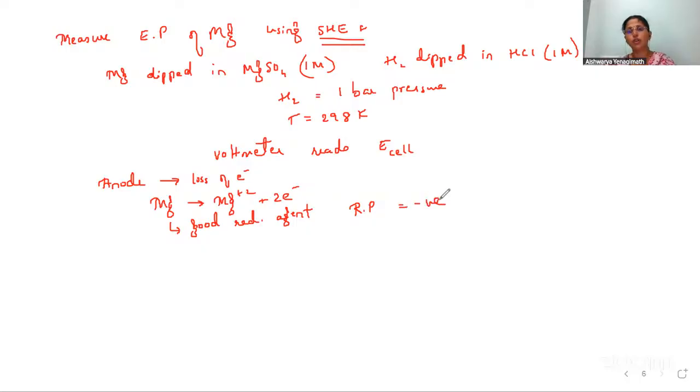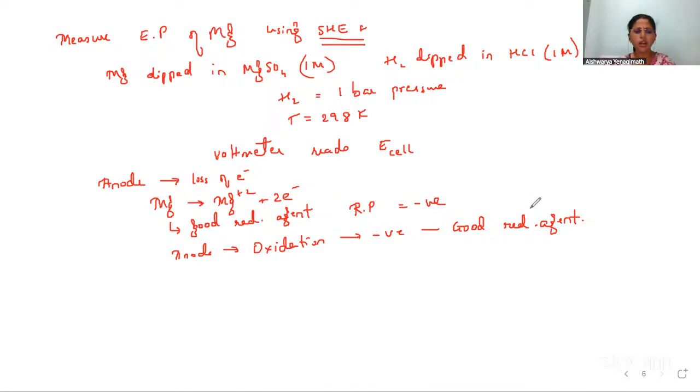So anode, oxidation, negative potential value, and it should be a good reducing agent. Is that clear? The more negative the reduction potential, the more the reducing power, so that will be a better reducing agent.